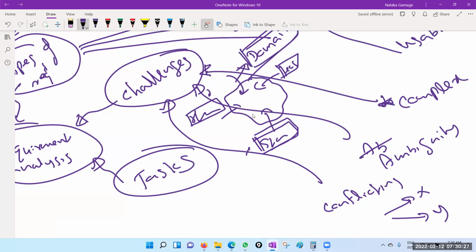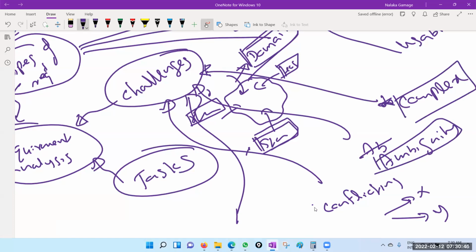So the next one is, can someone tell me at least one more challenge we are facing when it comes to requirement analysis? Just one, just give me 1 minute also. You can think of it. I gave you 3 challenges: complex, ambiguous, conflicting. So I just need one more challenge. If you have started studying for the exams, now you must know this challenge.